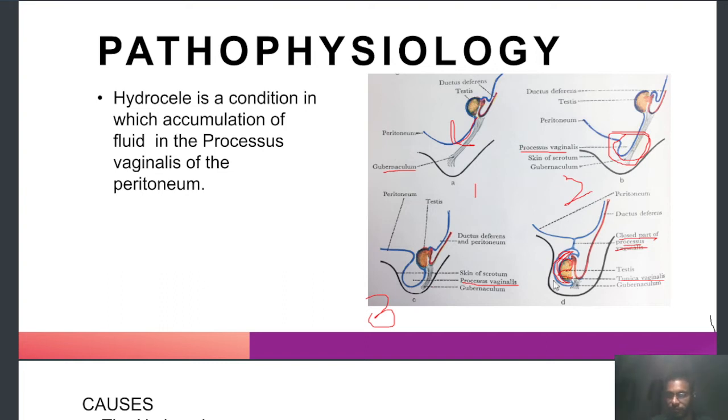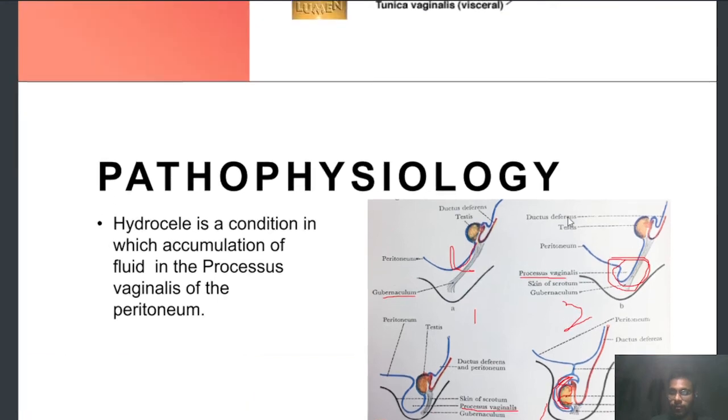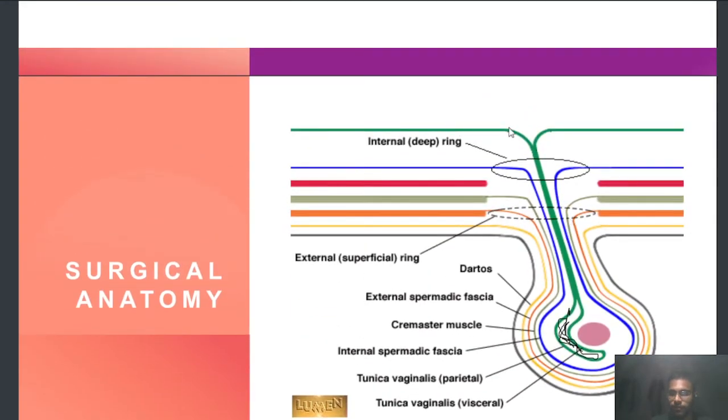So this diagram right here will help you appreciate a little more of what I showed you guys in figure 1, which was this. The entire peritoneal cavity comes here and then goes up. This forms the tunica vaginalis.